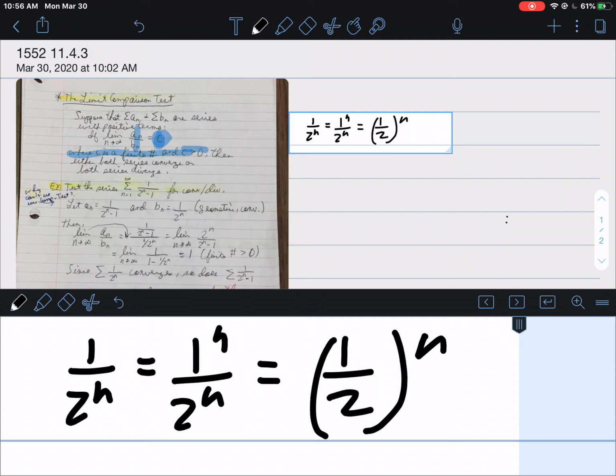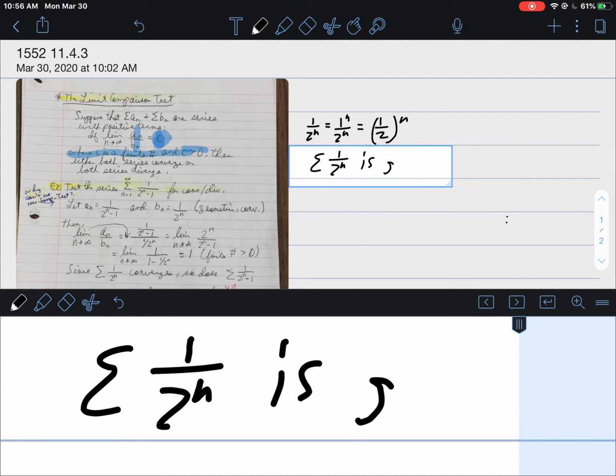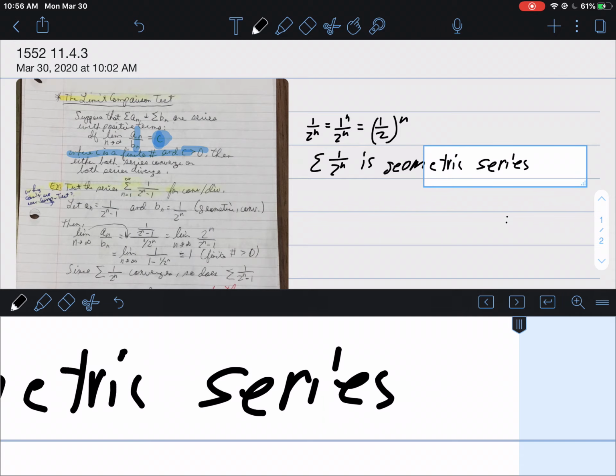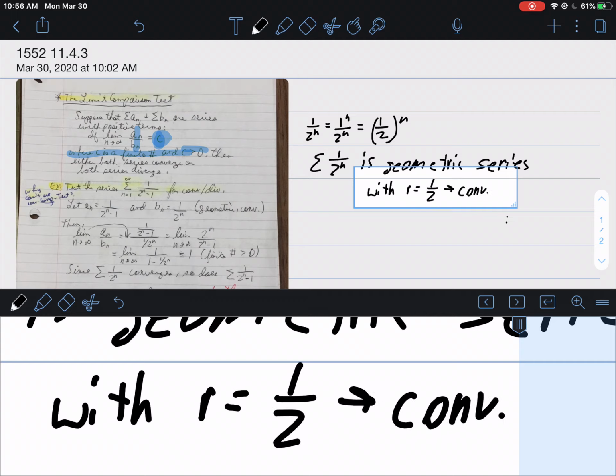So the sum of 1 over 2 to the n is a geometric series with r equal to 1/2. So what does that mean? Well, that means it's a convergent geometric series, right?